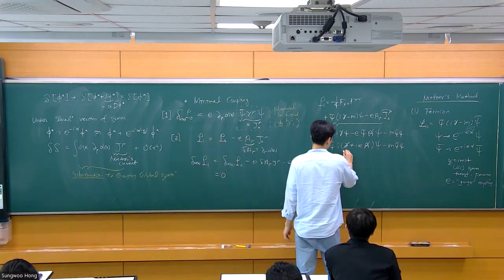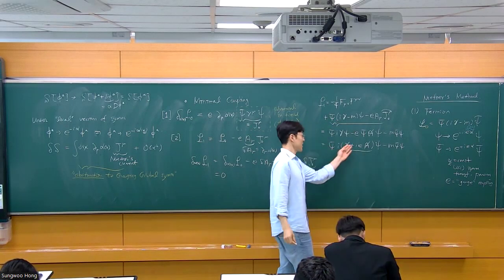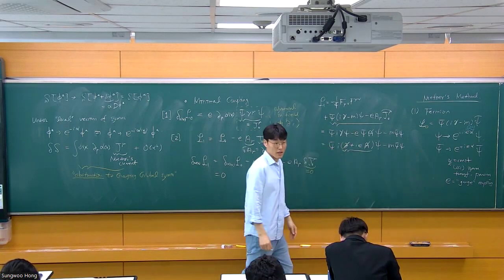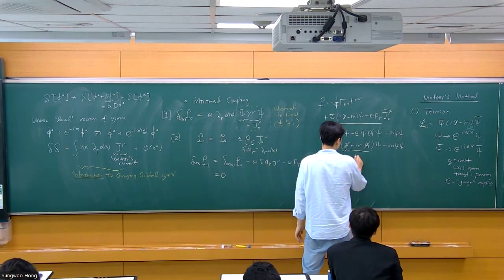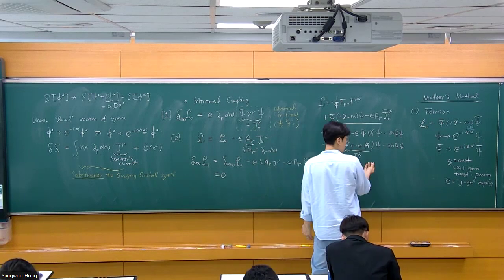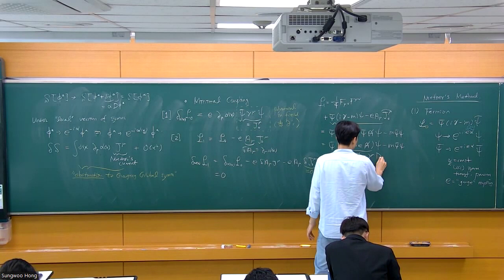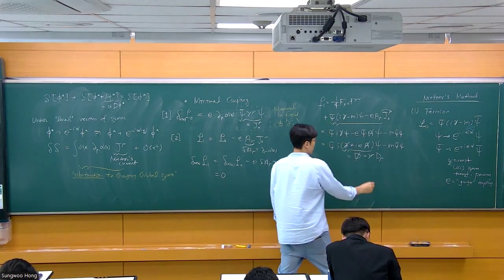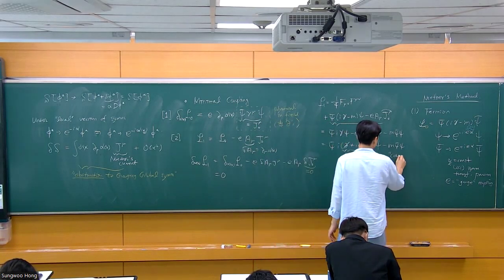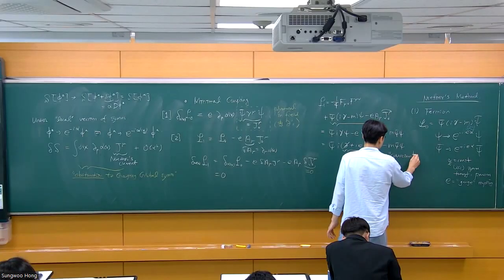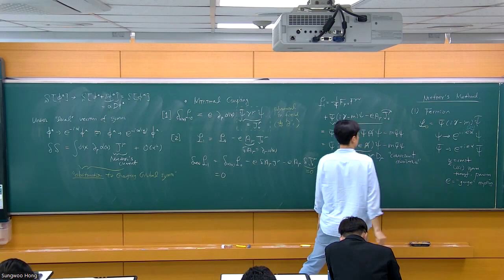So now I can call this big guy, which is some modified version of a derivative, D slash, capital D slash, which is nothing but this. The name of this thing is called the covariant derivative, which I will also provide another explanation for soon.